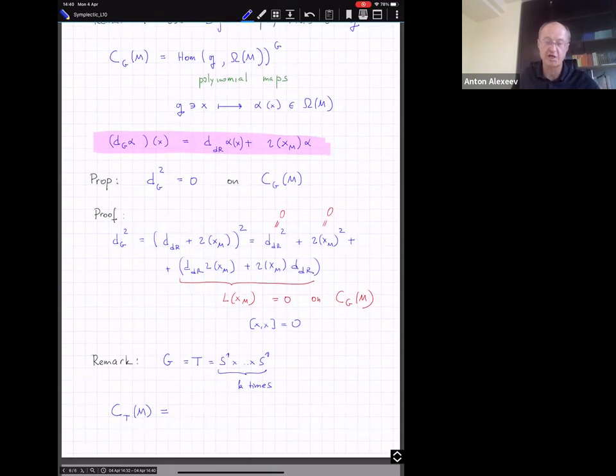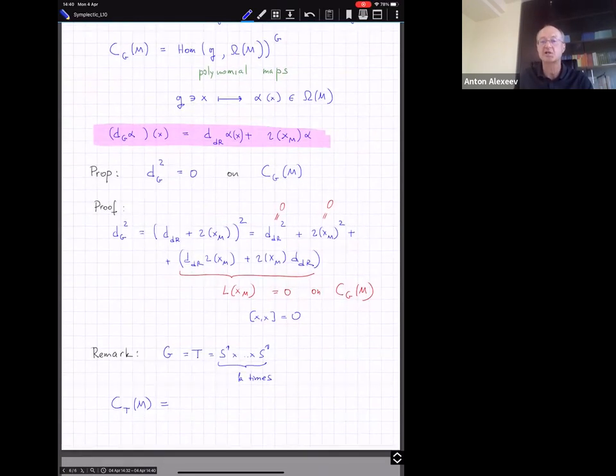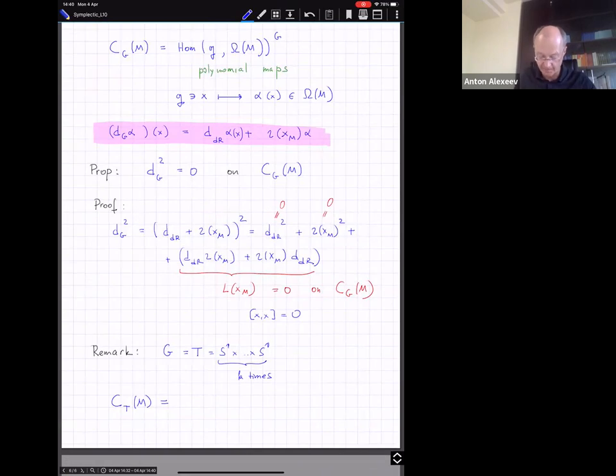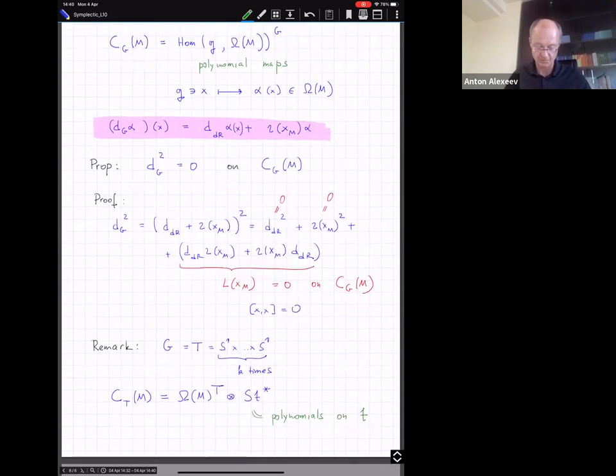Now you see the G action doesn't act on polynomials because the adjoint and coadjoint actions are trivial. So then we just simply have invariant forms times those polynomials, so these are polynomials on T.